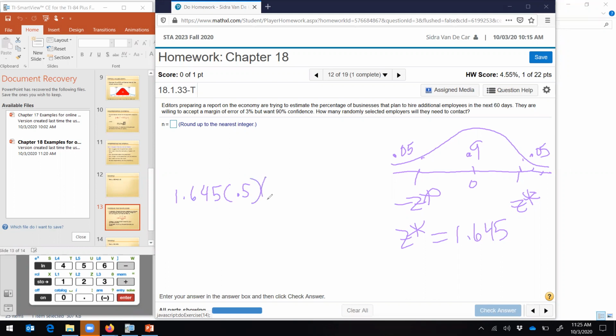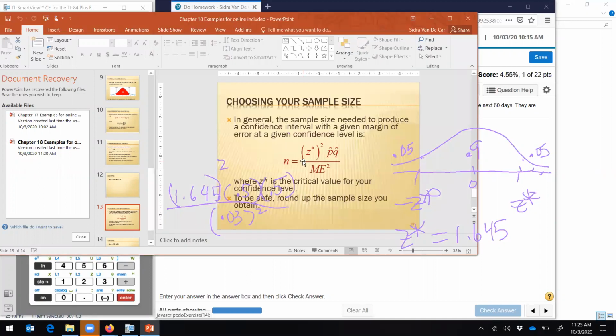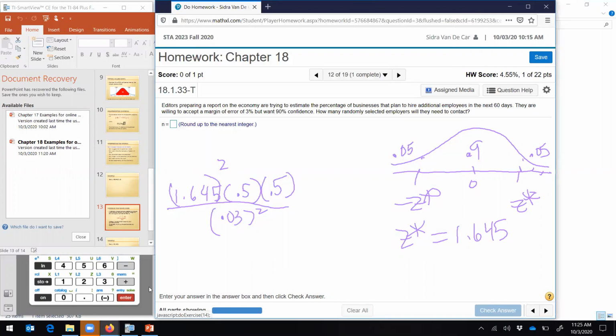So 1 minus 50% would be 0.5 over 3%. And so this one was squared, and the 0.03 is also squared according to our formula here, right? See how this is squared and this is squared, but P hat and Q hat are not. All right, so I'm just going to type this directly into my calculator.